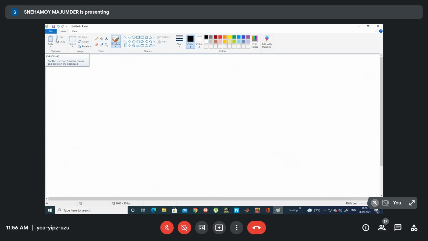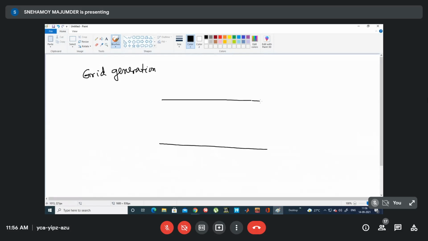And another error which in numerical analysis একটু অন্যভাবে আসে, গ্রিড জেনারেশন যেটা আমি আগের দিন দেখিয়েছি, গ্রিড জেনারেশন। What I have shown, this is my domain of solution, pipe.